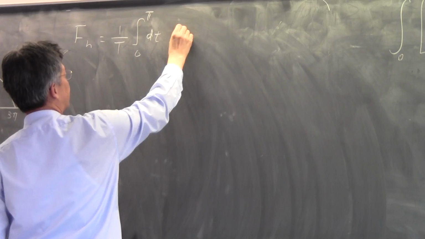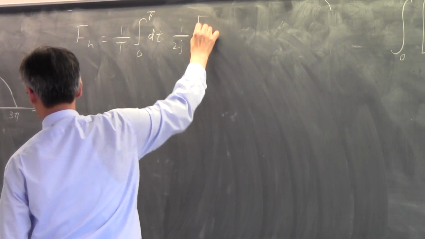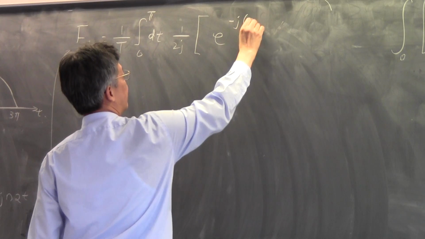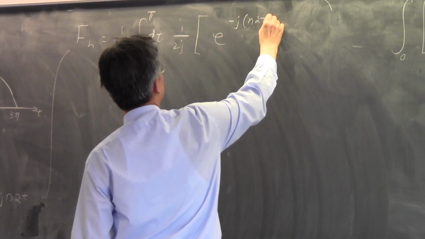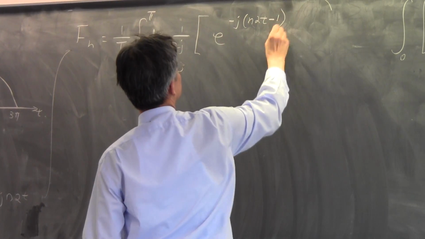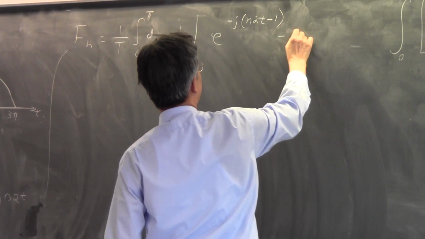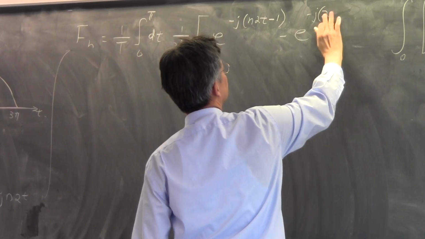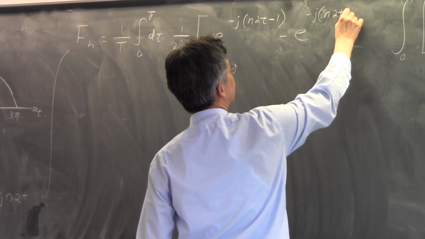I can put a 2j outside, and then I can combine terms. e to the minus j (n 2 t minus 1) is my first term, and then minus e to the minus j n (2 t plus 1).